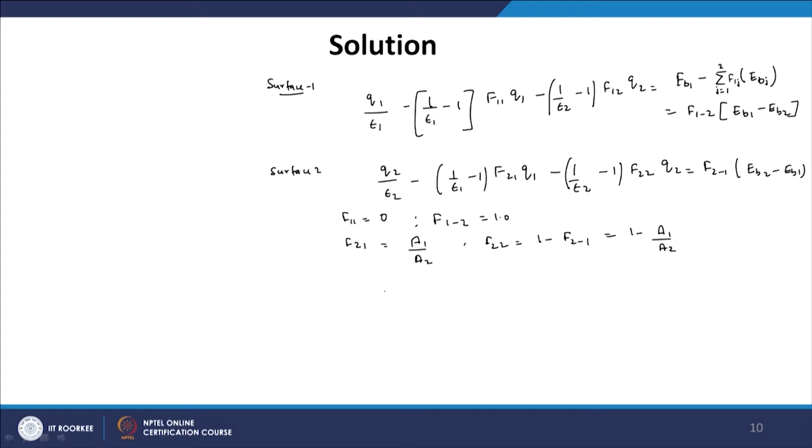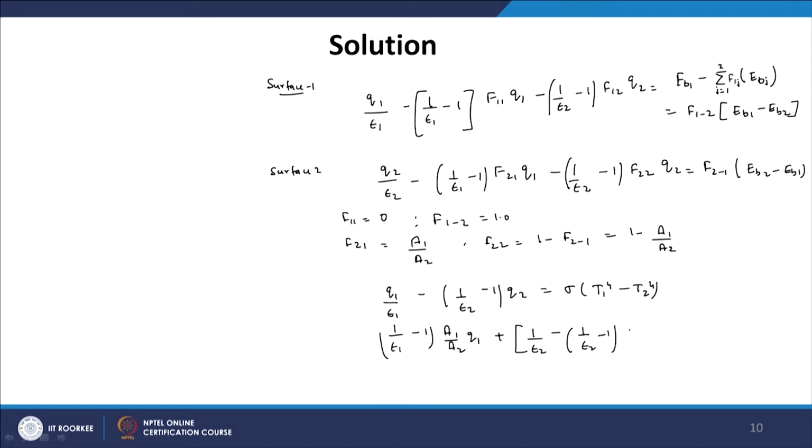Now, let us simplify the equations. So, we have q1 over epsilon 1 minus (1 over epsilon 2 minus 1) q2 equal to sigma (T1 to the power 4 minus T2 to the power 4), and (1 over epsilon 1 minus 1) A1 by A2 q1 plus (1 over epsilon 2 minus (1 over epsilon 2 minus 1) A1 by A2... ) q2 is equal to minus A1 by A2 sigma (T1 to the power 4 minus T2 to the power 4).